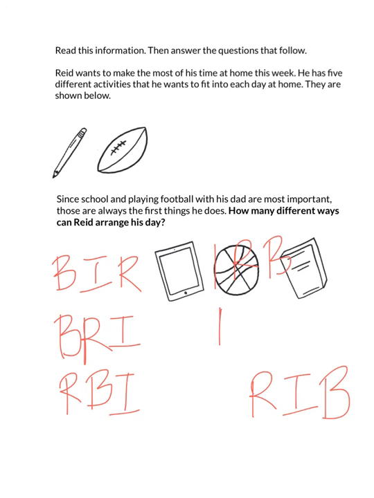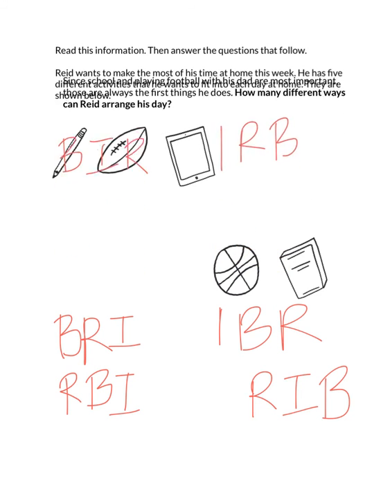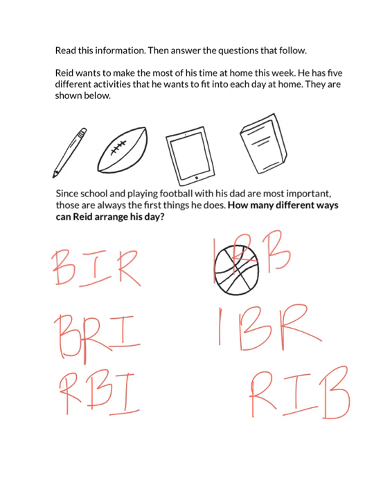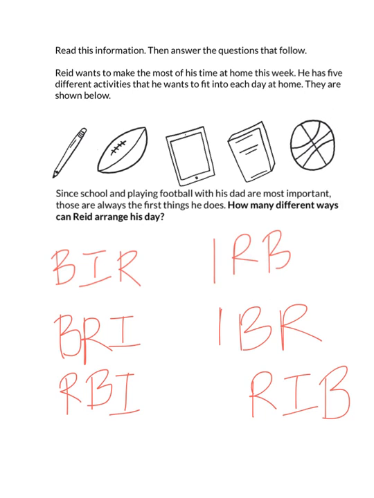Now I'm going to move these guys back up here. Now how many different ways can Reed arrange his day? To me, it looks like Reed can arrange his day 6 different ways. Nice. Happy school at home.